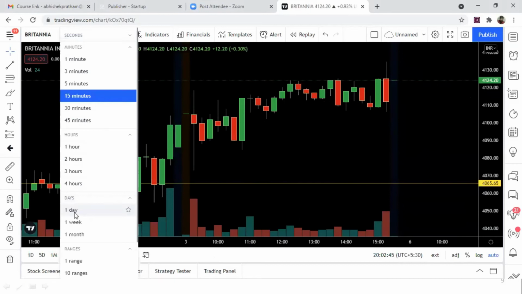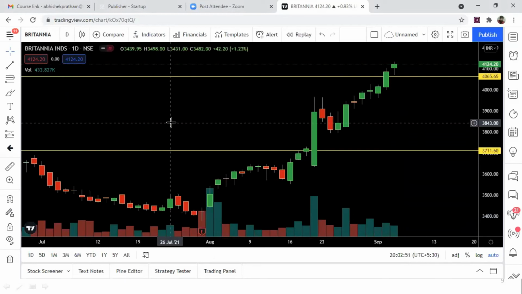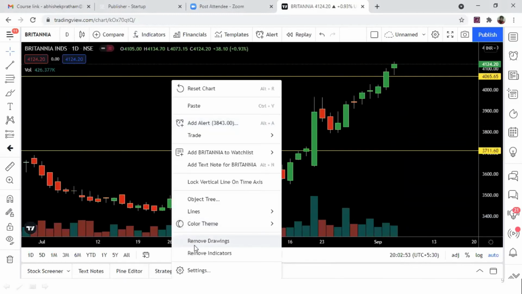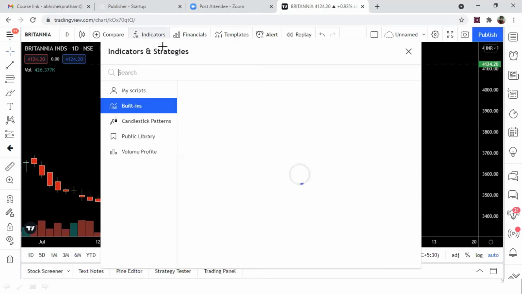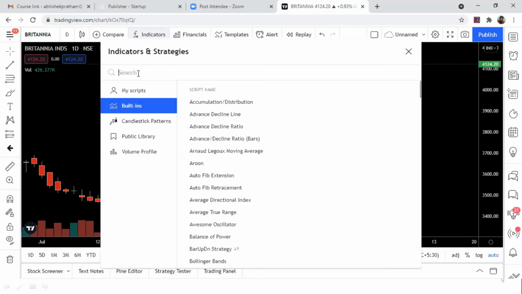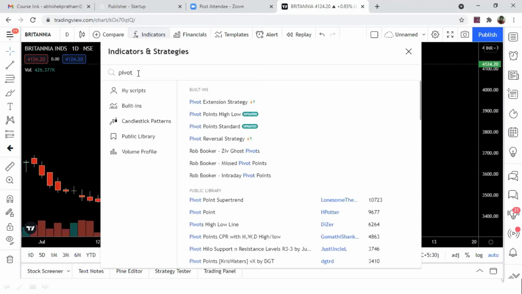So guys, I am taking a 1 day chart. The chart is clean, the chart is naked, and I'm adding an indicator called pivot points.